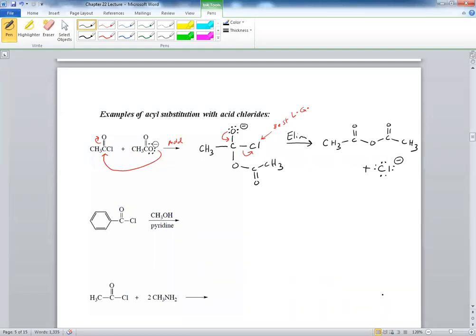Same thing now with making an ester. So we have lone pairs on the O. Okay, now pyridine, we've seen that in the aromatics chapter, is a good base.